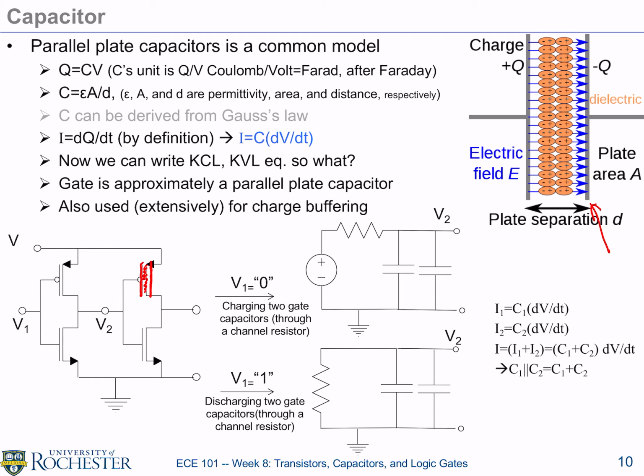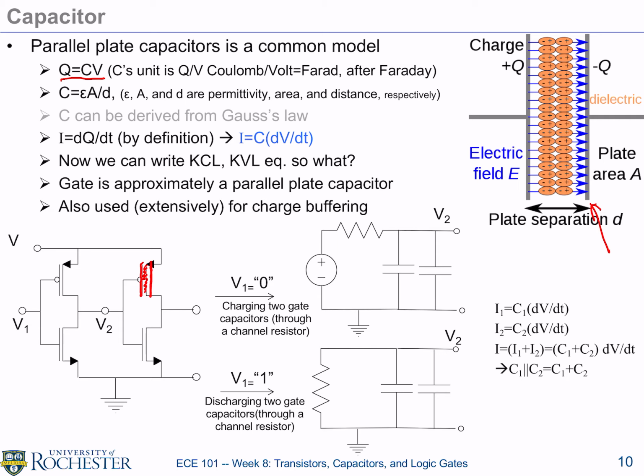So if you've seen this device in the past, just like a resistor follows Ohm's law, it follows its own law. And that's Q equals CV, the charge accumulated on one side of the parallel plate.